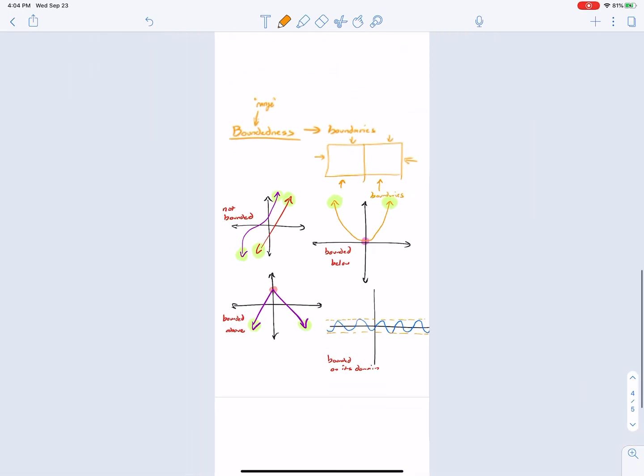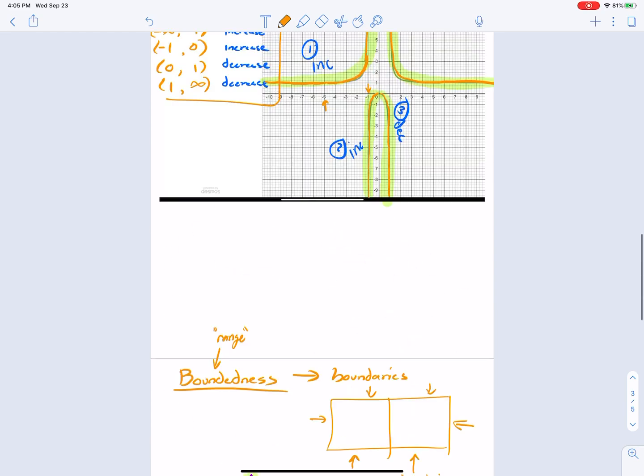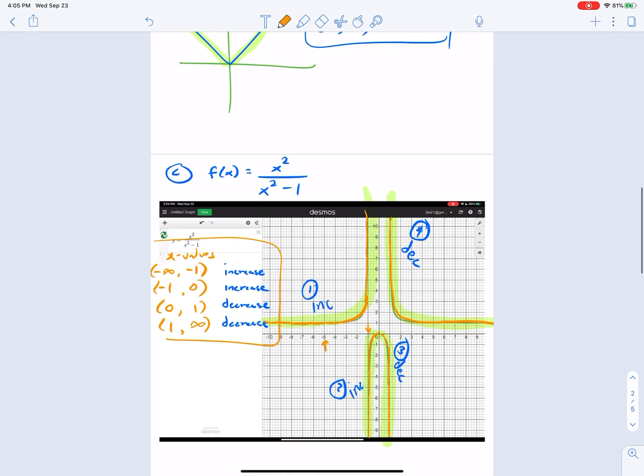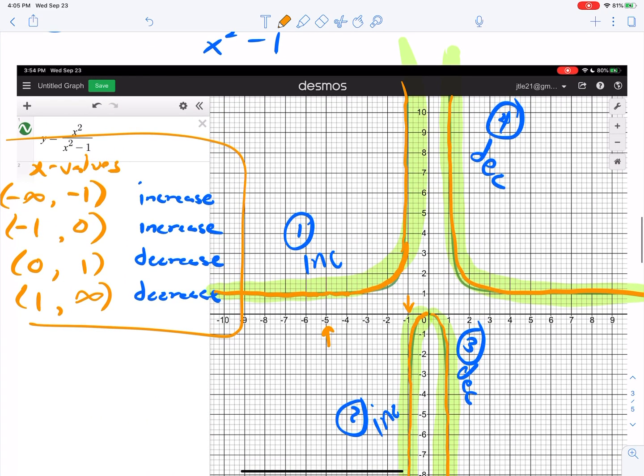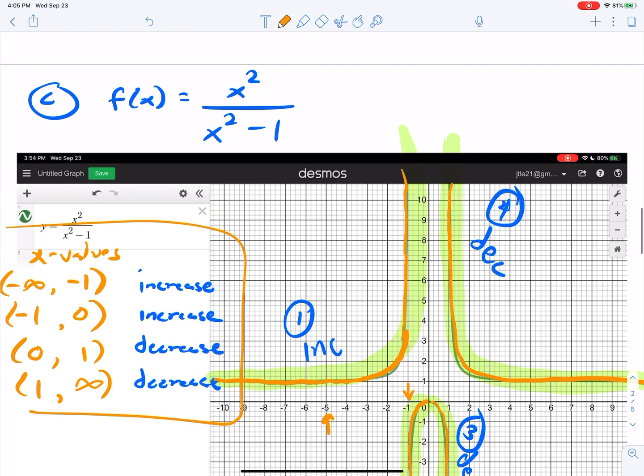So if I asked you guys for boundedness, you would give me one of these 4. And the easiest thing to do is, if you know what the picture looks like, you could definitely describe its boundedness. So for instance, this graph here went all the way up and all the way down. So this is not bounded.